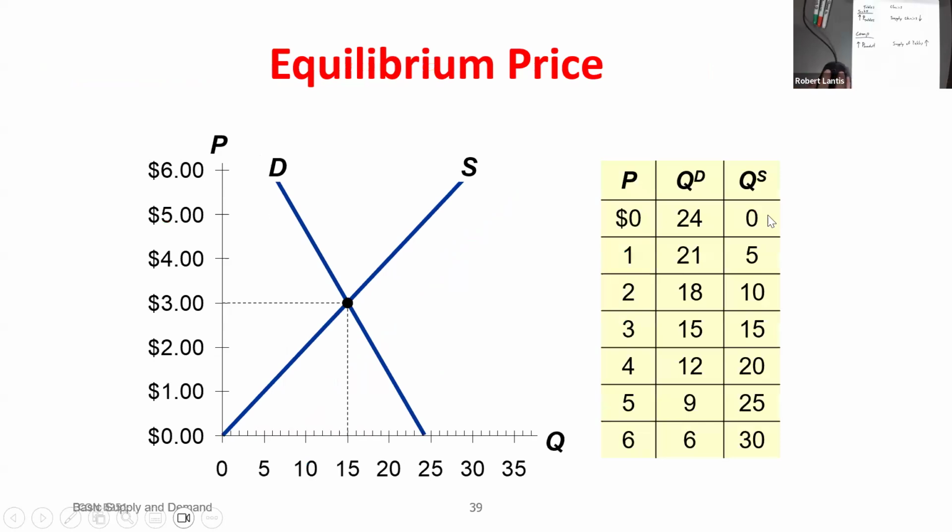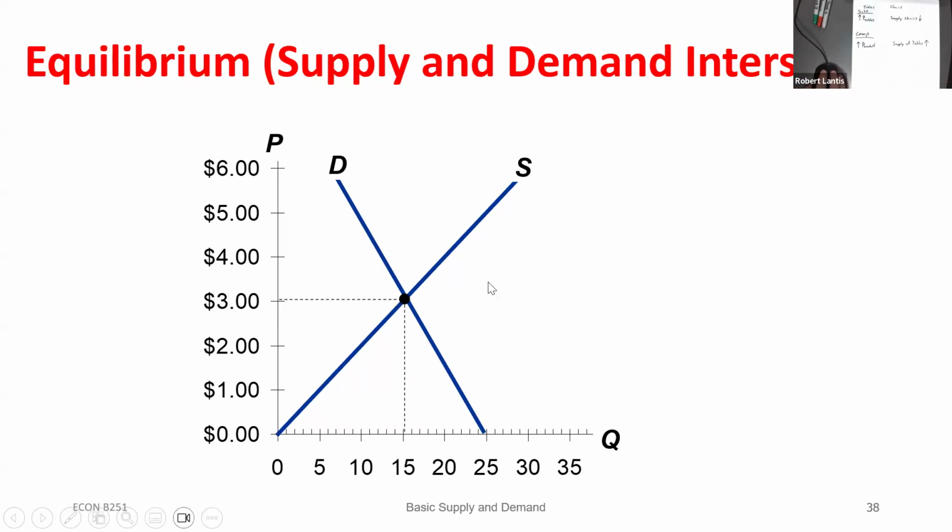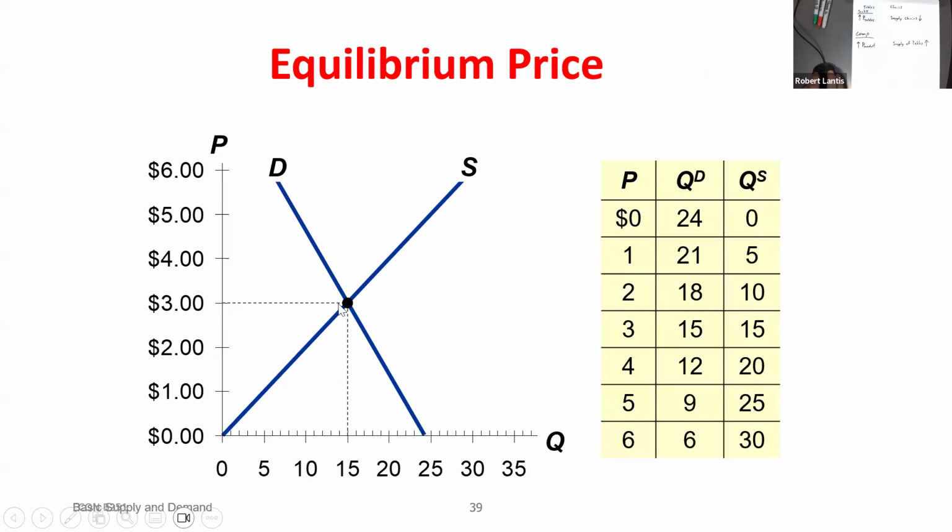Okay. Instead of looking at this just visually on a graph, if I just had the supply and demand schedules, well, I can see here when the price is $0, 24 people want to buy this good, nobody wants to sell it. If the price goes up to $1, 21 people want to buy it, but there are only 5 people willing to produce it on the market.